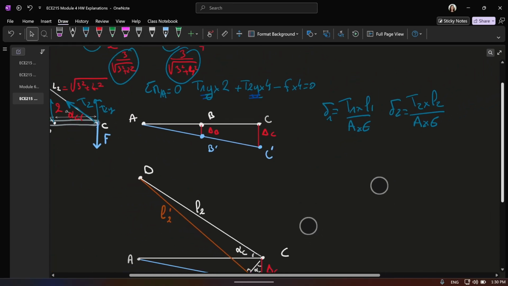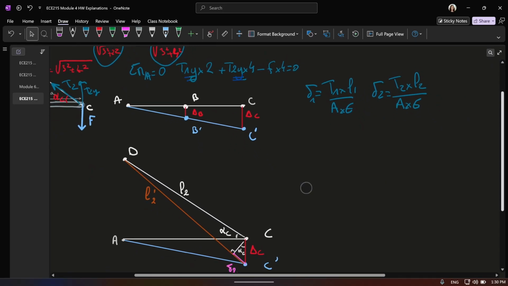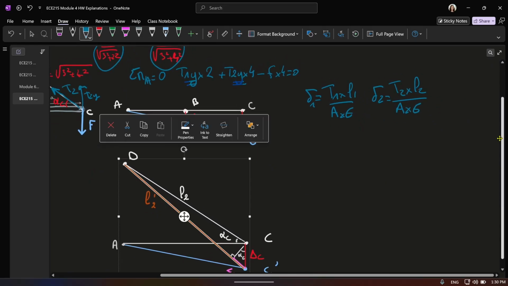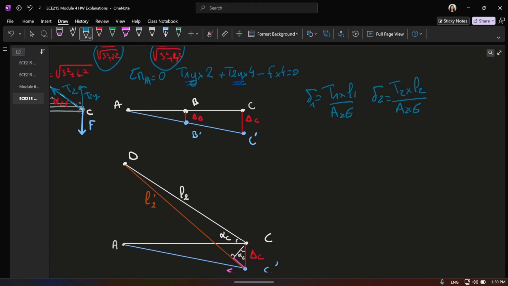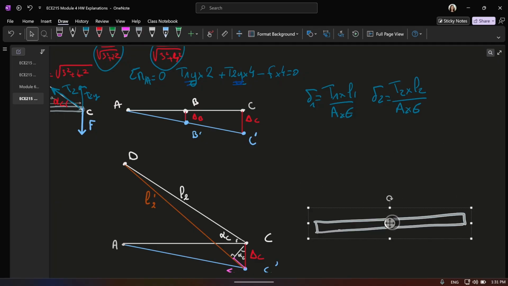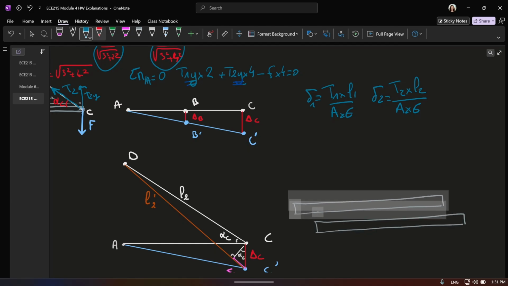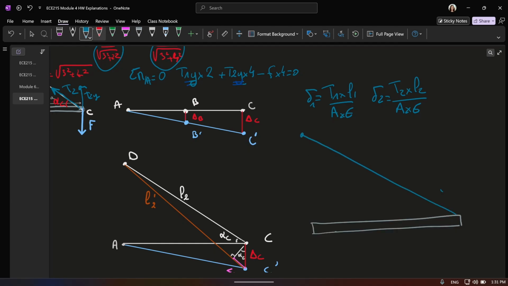But now those little elongations, if we look at our cable, I want to explain something there. Okay, so that was the beam, and let's say we look at L2. That was L2 at the beginning.